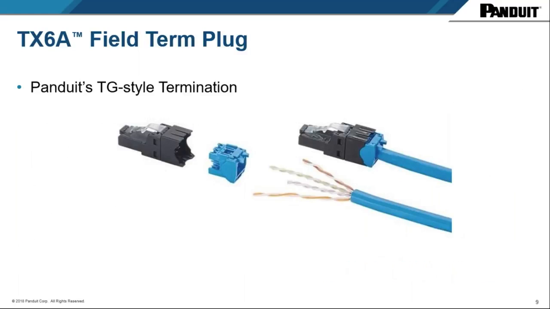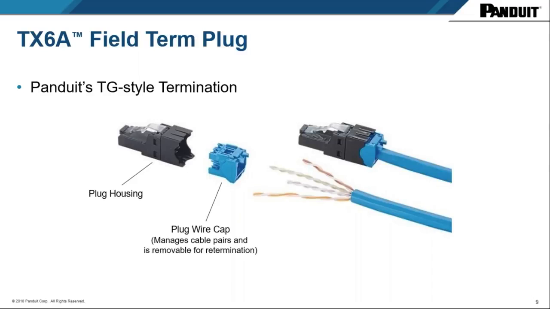So what is it about Panduit's approach to the field term plug that really separates it and, we think, makes it the easiest to terminate product in the market? Well, it really builds on a termination technology that Panduit has had for more than a decade now in our modular jacks, and that is what we call the TG style termination.